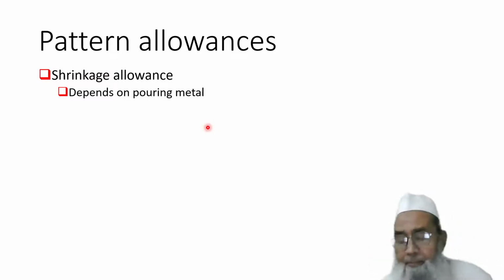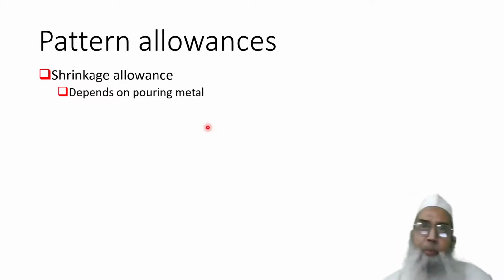After molding, we will pour the metal. During solidification, of course, shrinkage and so many other things happen. Therefore, what are the allowances which we need to incorporate in the pattern?